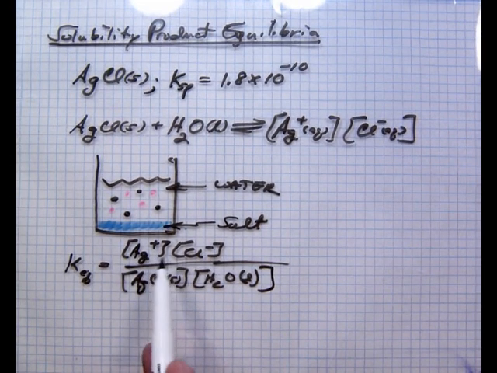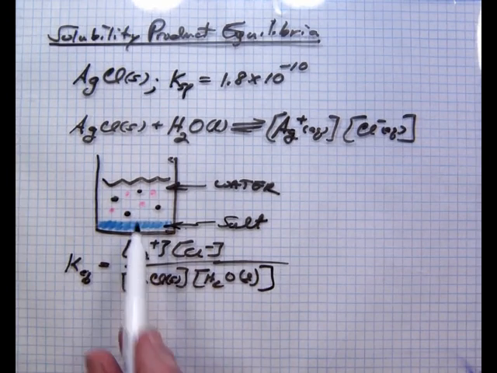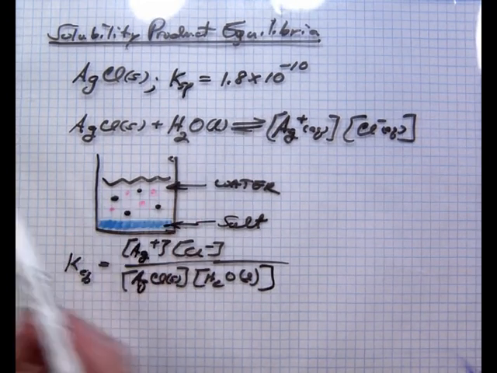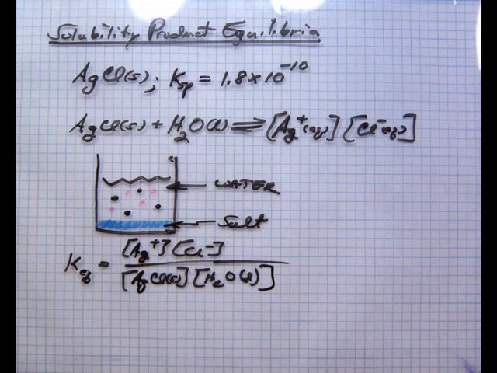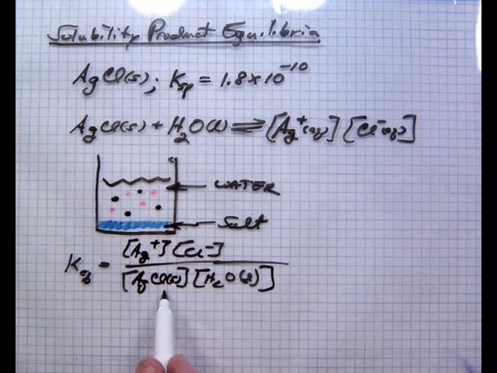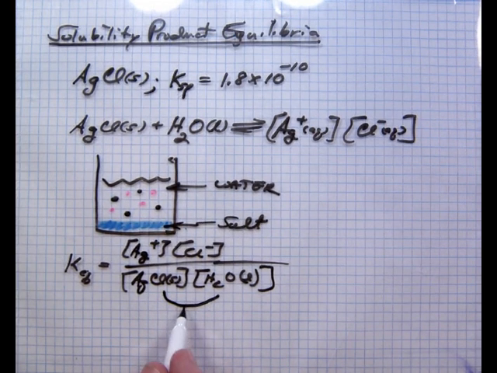These two components, silver and chloride, going into solution are in the order of 10 to the minus 5 compared to the infinite amount of salt that didn't dissolve and the infinite amount of solvent, water, that wasn't involved in the ionization. So we assume these to be constant.